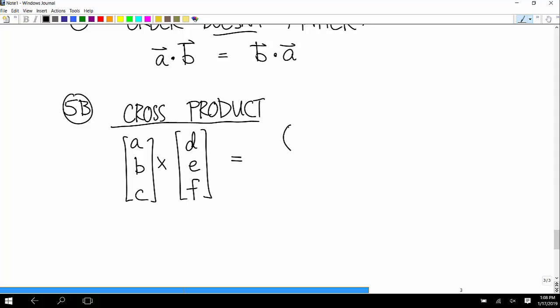If you write it like this, with the components written out, the X component is going to be cross out the X components. We're not using this for that. And then you go cross minus cross. So BF minus CE.